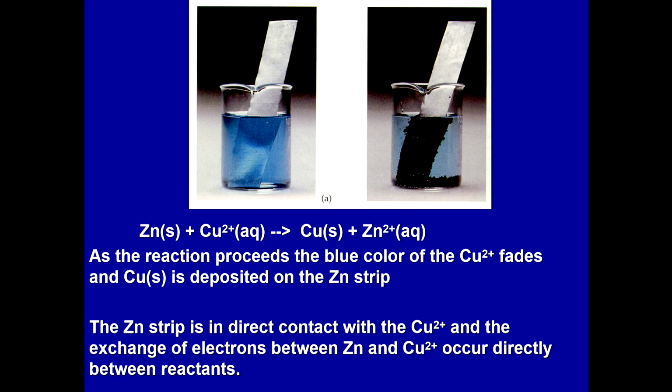Some zinc goes from the zinc bar into solution, okay? So in this reaction, we can see the reactants are mixed together, so we can't get the electrical energy. You can't get electric energy using this way, right?